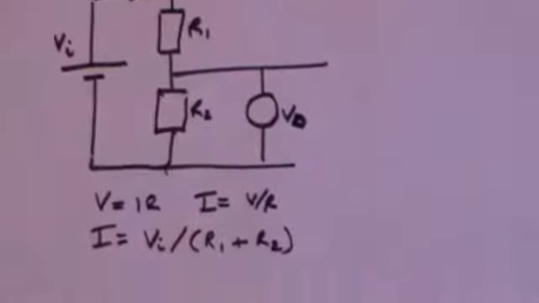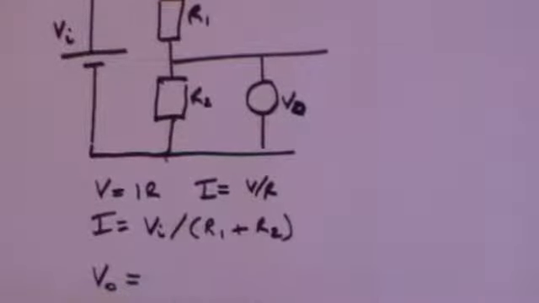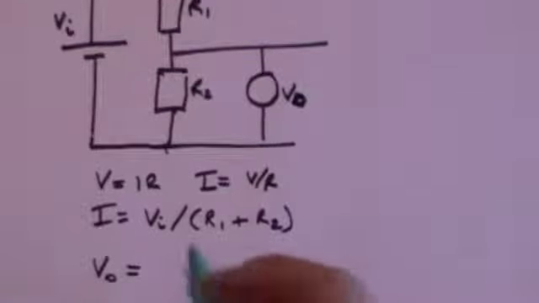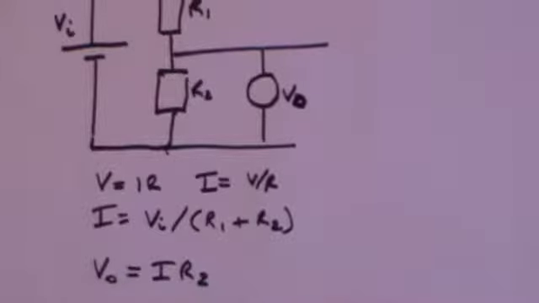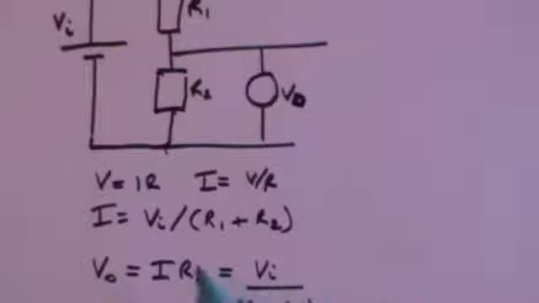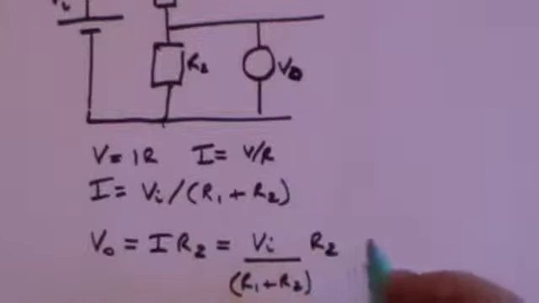So the potential drop across R2, which is one and the same thing as our output voltage, is going to be the current times the value of the resistance. So that's going to be the current I times the value of the resistance R2. But the current I is given by this term here. So that's going to be equal to VI, the input voltage, divided by R1 plus R2, times R2.